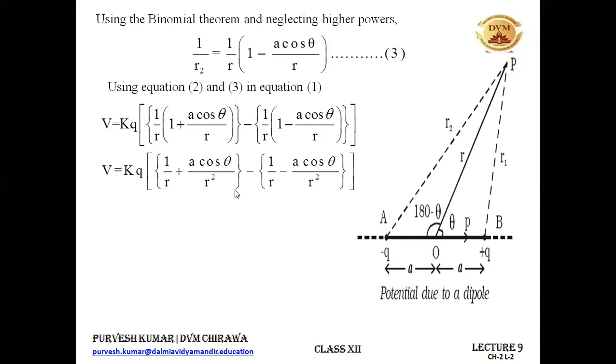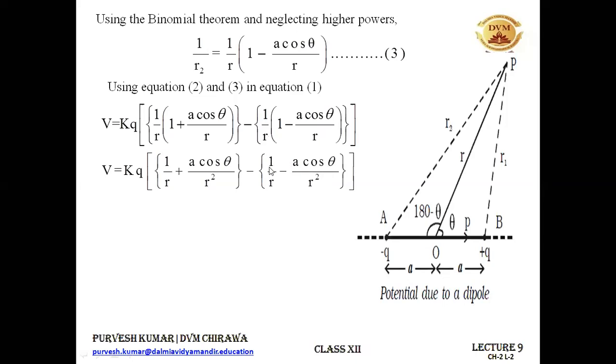Inside the brackets, I have just multiplied this 1 by R, and then again opened up this bracket with the help of this minus. So this 1 by R becomes minus, and A cos theta upon R square becomes plus. Inside this bigger bracket we are left with 4 terms: 1 by R, A cos theta upon R square, and then minus 1 by R plus A cos theta by R square.